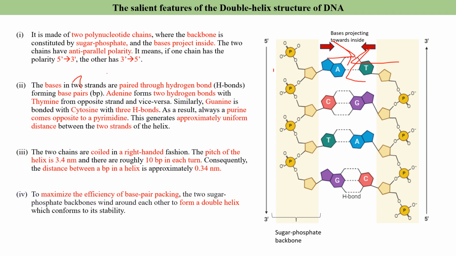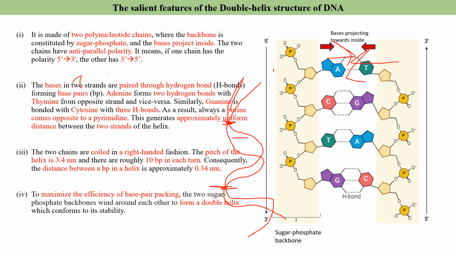And the pitch of the helix is 3.4 nanometer. Now what is meant by a pitch? So let me draw a DNA over here. See, this is your DNA. Okay, so the pitch is the distance from here, this groove, till this groove. So this is 3.4 nanometers and there are 10 base pairs in each turn.